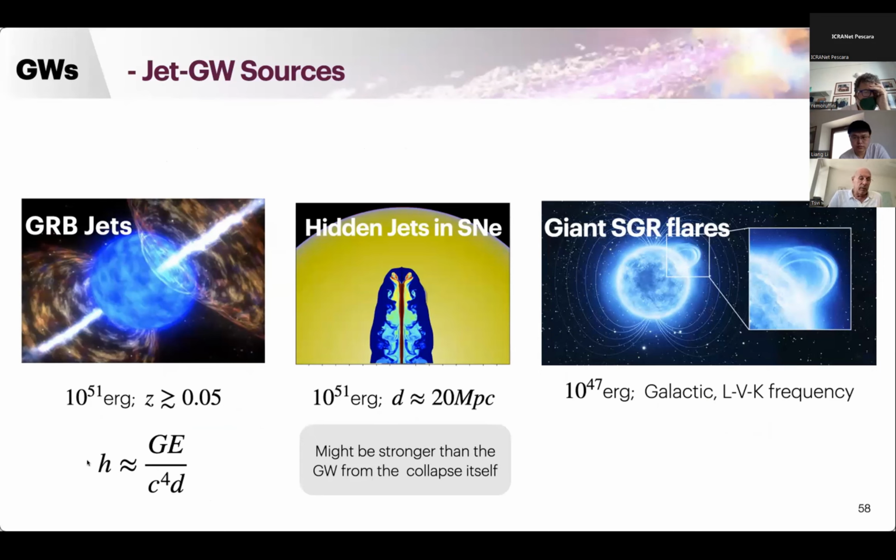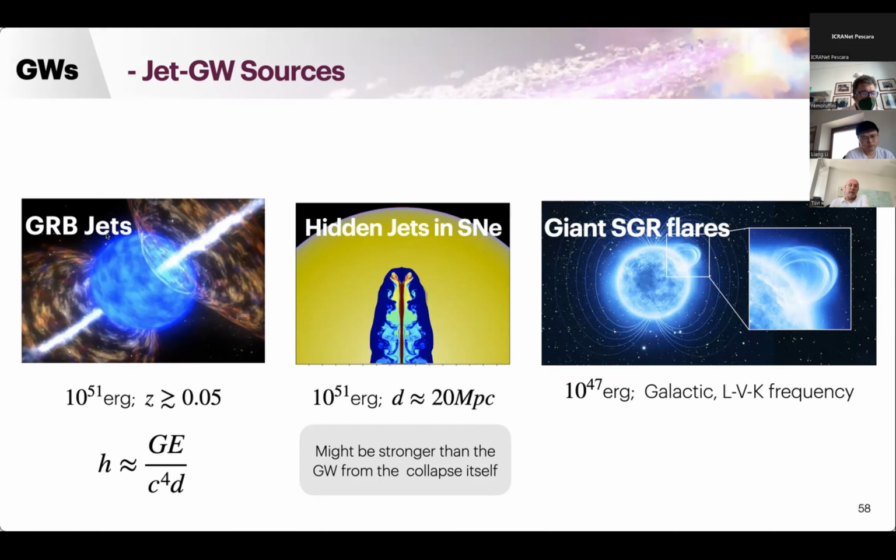And the magnitude of this gravitational wave is the usual, even though this is not really the quadrupole formula. The magnitude is related to the quadrupole formula with G times E divided by c to the 4. This is the amplitude of this gravitational wave.